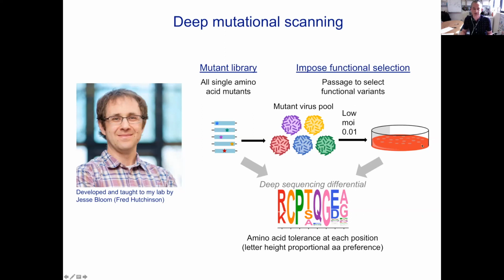And if you deep sequence the rescued pool of passaged viruses and compare that to the input pool of mutant viruses, you can get a very high resolution view of how a single amino acid change, and how all single amino acid changes, impact viral fitness. So here is the easiest way to look at this type of data, which is just a logo plot where the relative height of each letter at each codon position denotes its relative fitness.